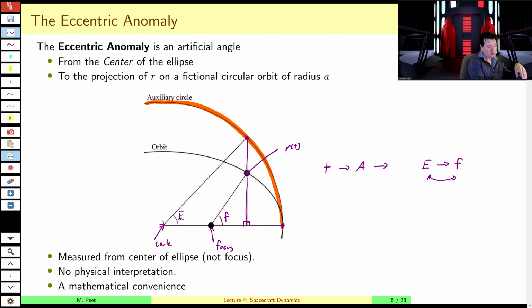So up to the inscribing circle. On the previous slide, this was, I think, P, and this was Q. So if you go straight up from your point here, remember this is F, V, and P, if you go straight up from P to the inscribing circle, and then draw the line from the center of the circle to that point, that angle here is the eccentric anomaly.